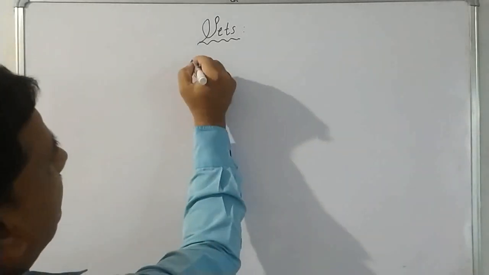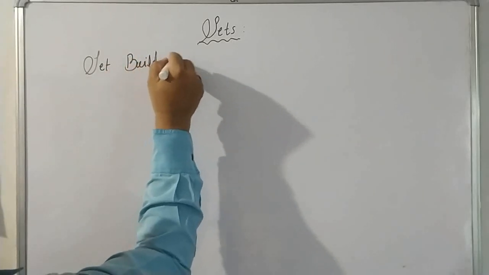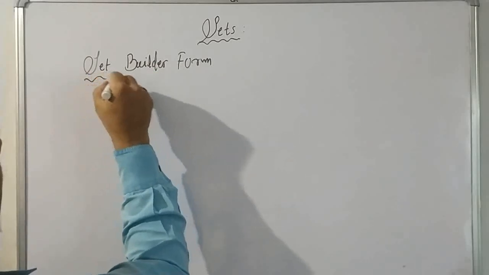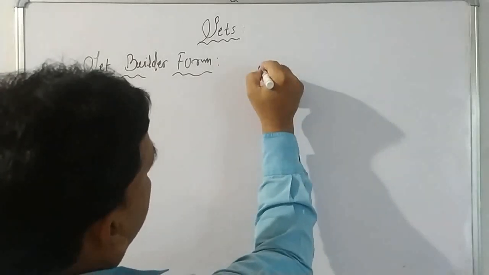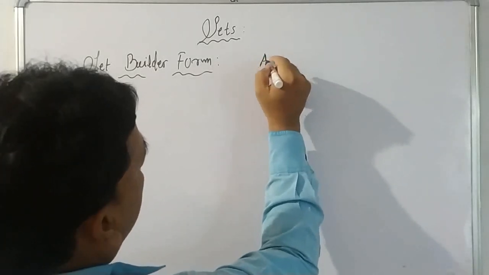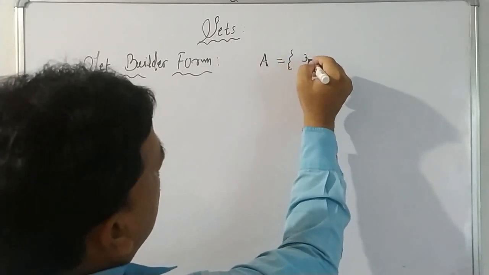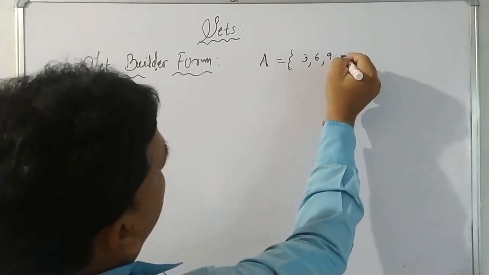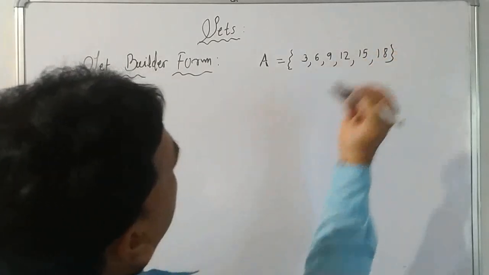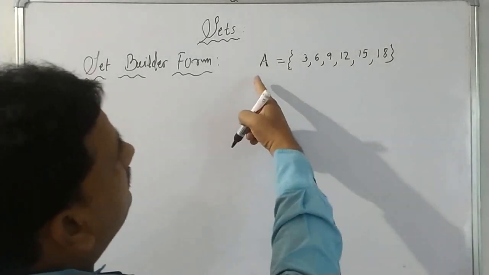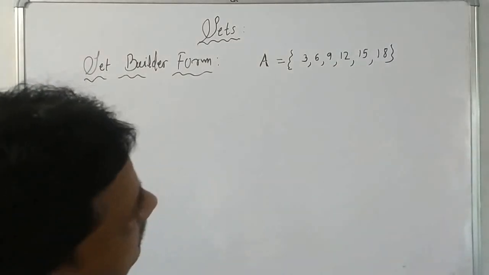Set builder form. A set is given like this: set A is 3, 6, 9, 12, 15, 18.